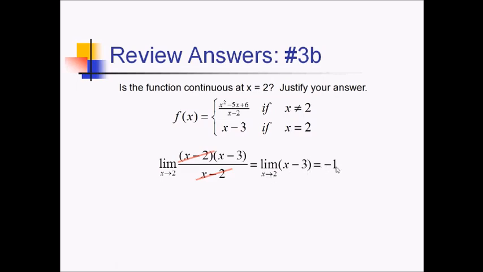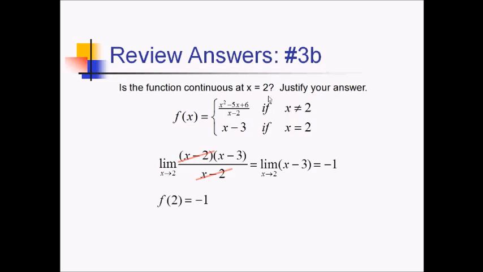So my limit exists. I've verified that part of proving that I have continuity at x equals 2. Now I need to figure out f of 2 itself. And that's just whatever I get when I plug 2 into the function, which is, let's see, 2 minus 3 is going to be negative 1.